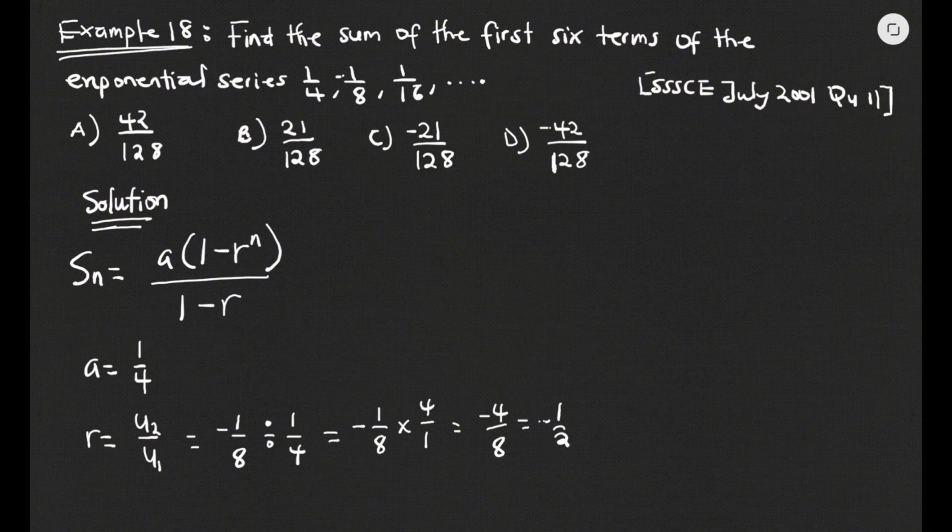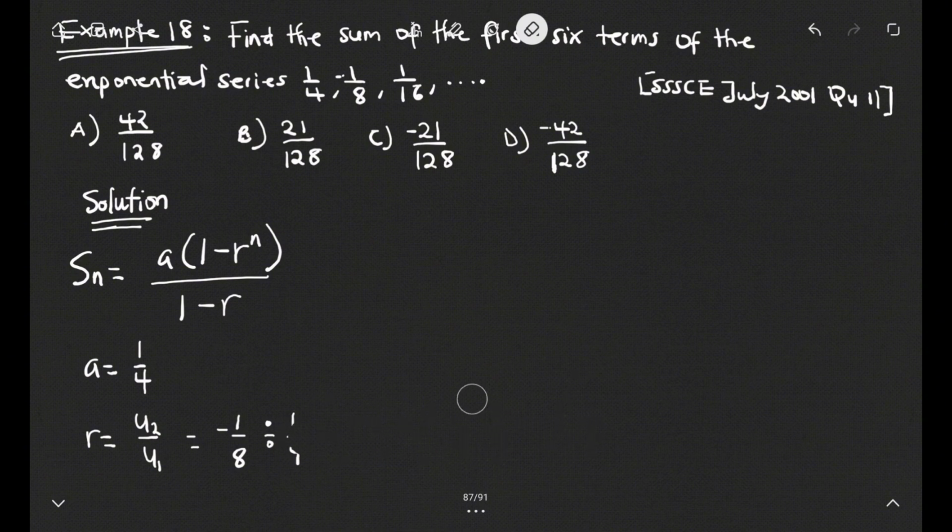All right, so for the purpose of space, I will erase everything and just write -half as the ratio over here. So our ratio in this case is -half, so -1/2. Now that we have our first term and our ratio, we can do the substitution and find the sum of the first 6 terms. So let's proceed to look at that.